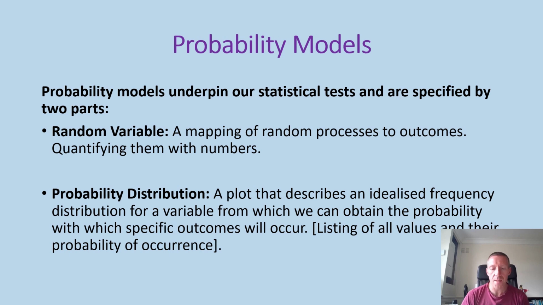The common statistical tests that we use work on the assumption that our data is similar to the probability model that the test is based on. So if our data isn't similar in distribution to the probability model the test is using, it can lead to erroneous results and conclusions.